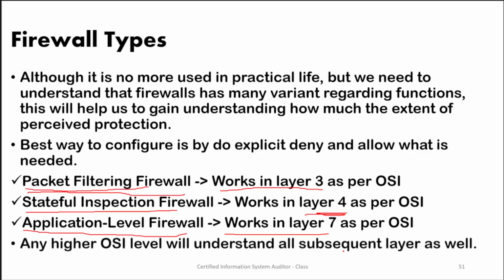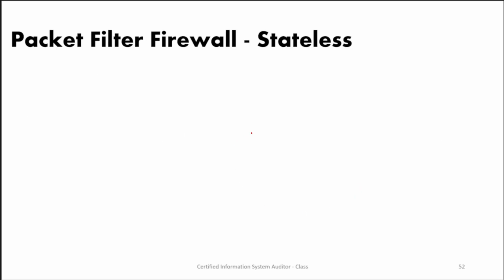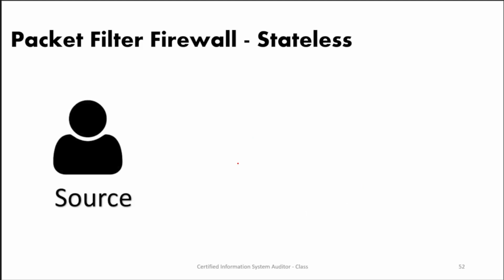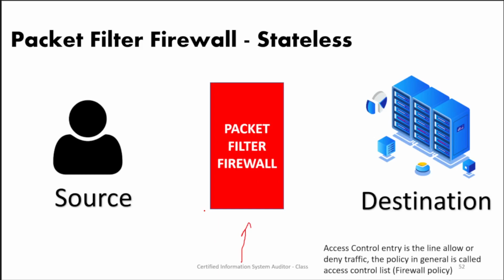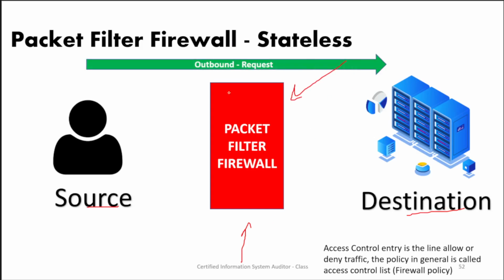What we need to understand here is, in a packet filtering firewall, assuming that we have a source and a destination, and in between a packet filter firewall. Whenever we need this source to communicate with this destination, we need to create an access control rule here, and this access control rule should approve that this source can reach this destination.